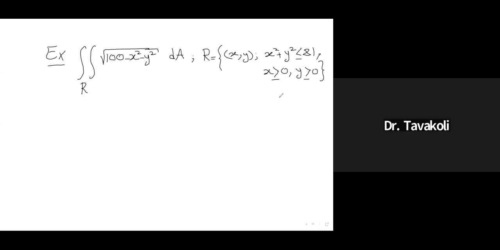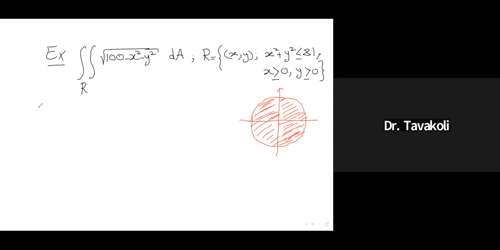If you want to have a more clear picture for doing the double integral, if this is a circle of radius 9, the disk is inside this circle. But do we need all of the parts or no? Only those parts where x and y are both positive, the first quadrant.